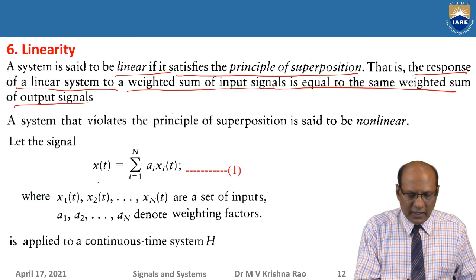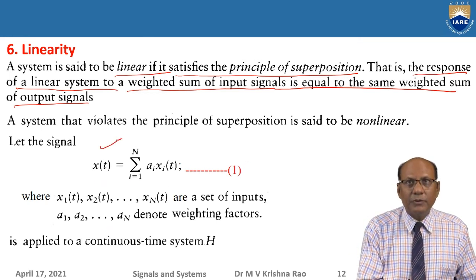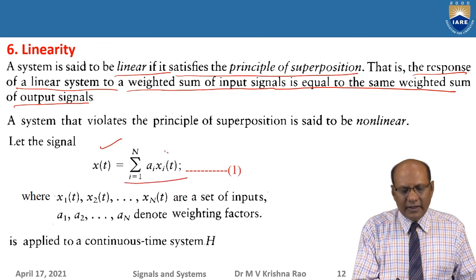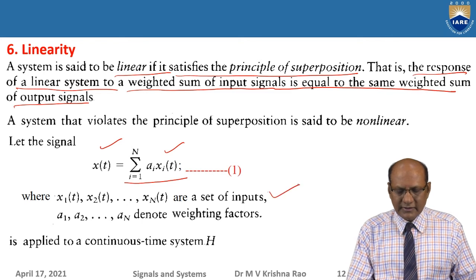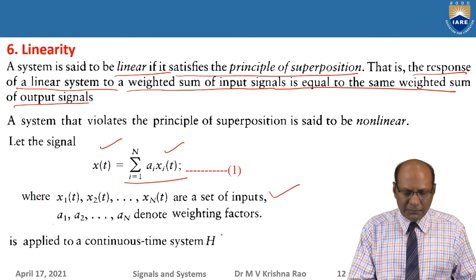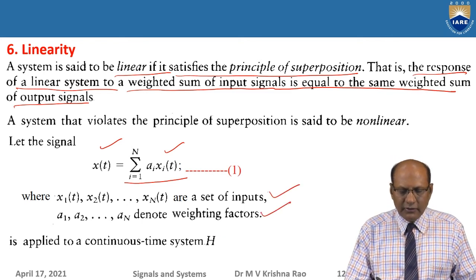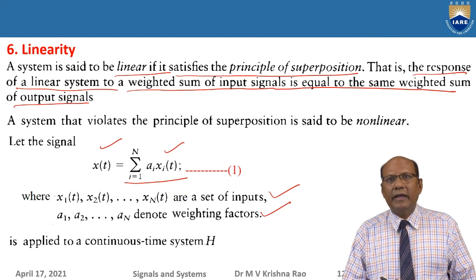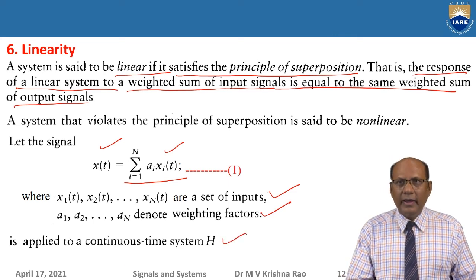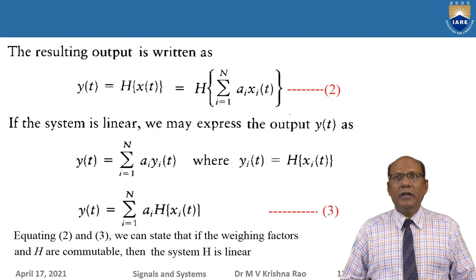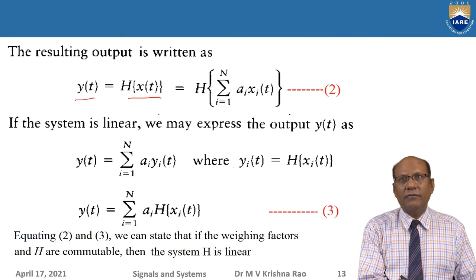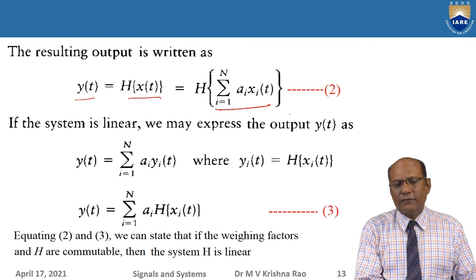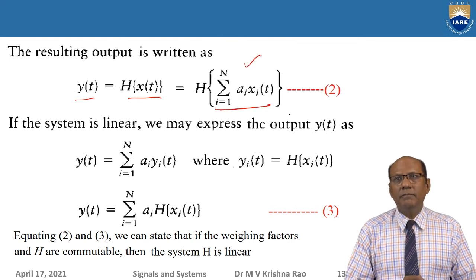So this is what I have taken: x of t as input, which is a sum of n inputs, that is x1, x2, up to xn, a set of inputs. Then I am multiplying each input by a weighting factor a1, a2, up to an, and this is applied to a continuous time system. Now, what is the output? y of t equals h of x of t, and substitute in place of x from equation 1.